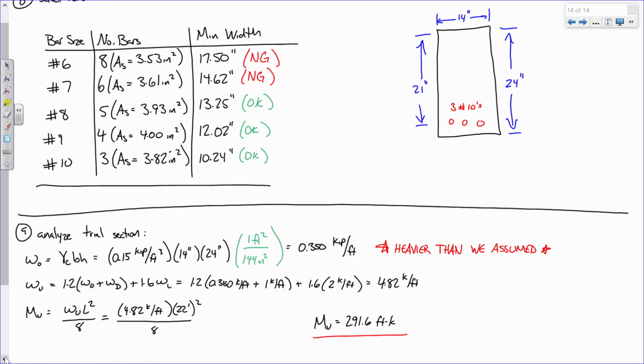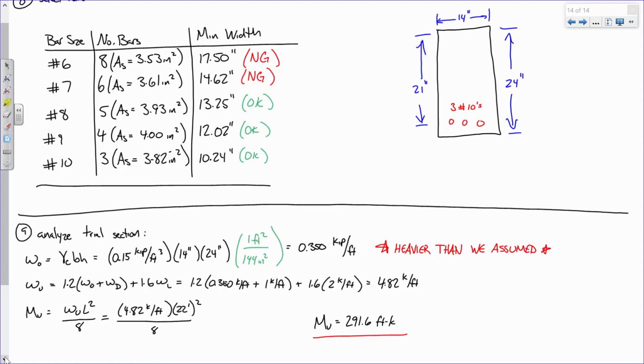So tell me what the equation is for MN. I think it's AS FY, D minus A over 2. There we go. D minus C over C is the strain.